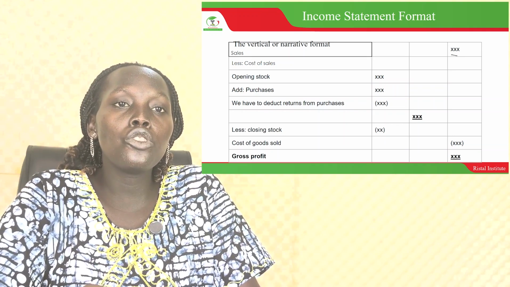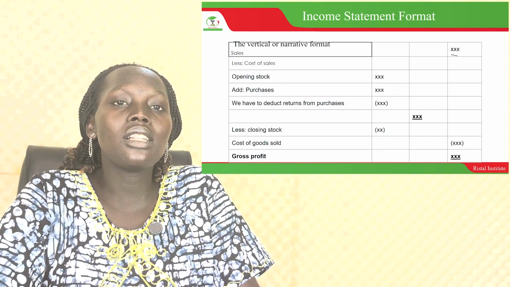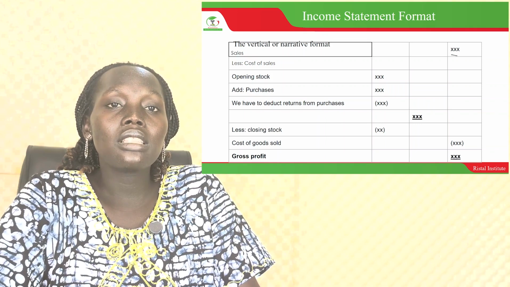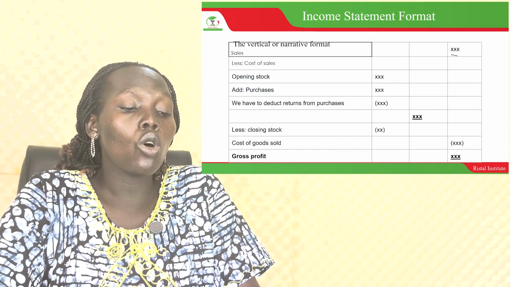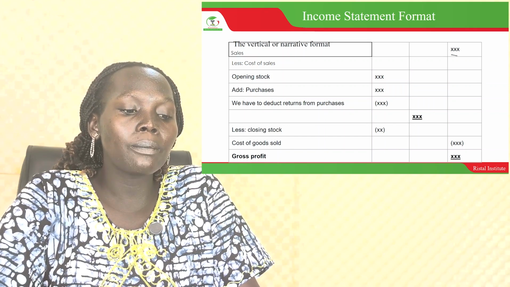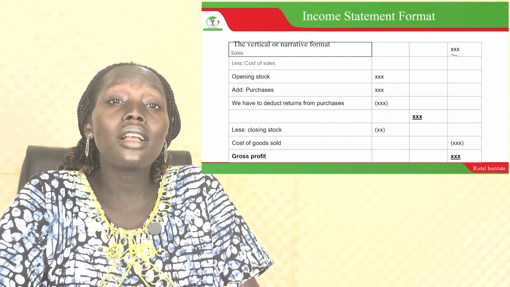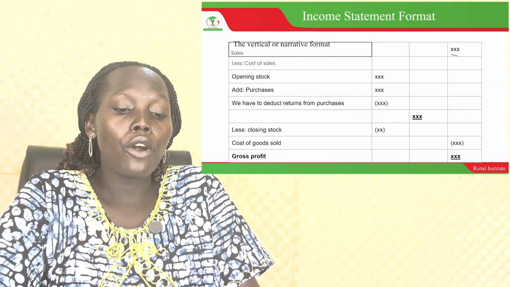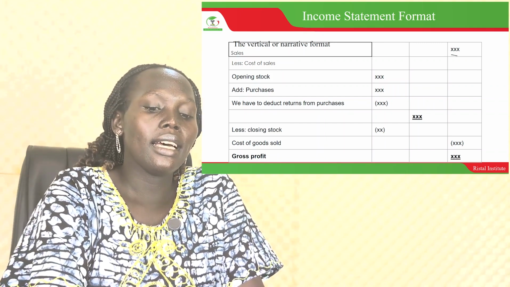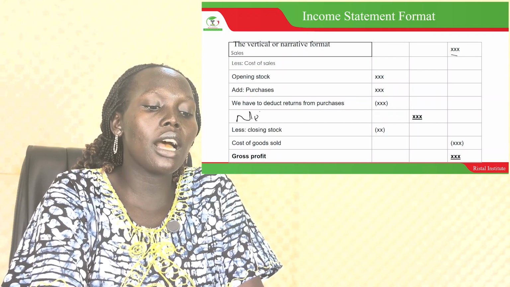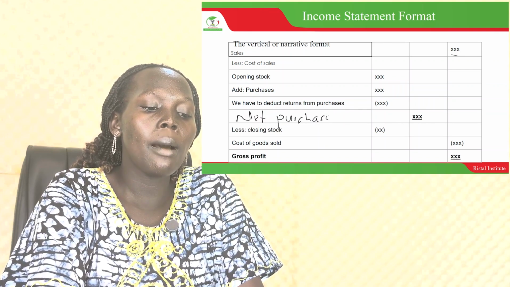When you return those goods, it means that you remove them from your purchases, because you will not count them as a purchase since you've returned them and they will give you back your money. So we deduct any returns from the purchases. You return the goods to where you bought them from, and we subtract to get our net purchases.